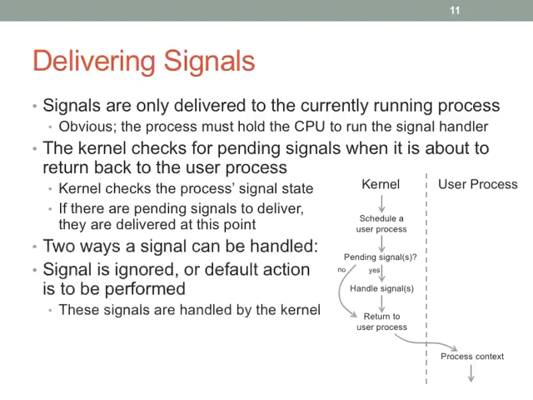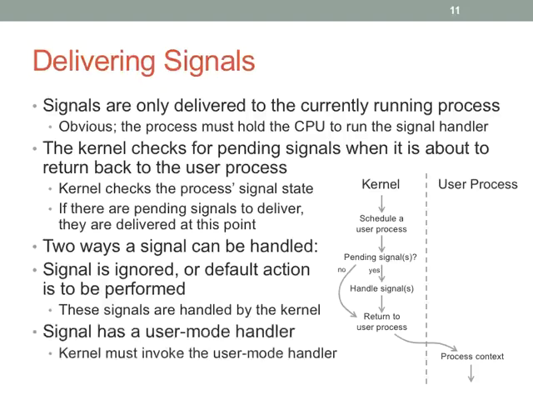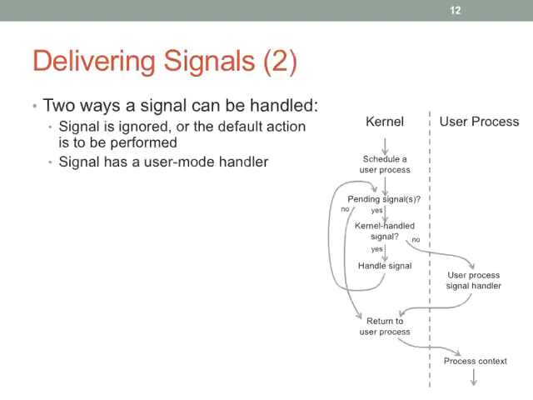And there's two ways that they can be handled. One is the kernel handles it for us, so we either have a default action or we ignore it. That's easy enough. Or we have a user mode handler that has to be invoked to handle the signal. So the real process ends up looking a lot more like this. We have this basic loop which says, do we have a pending signal?